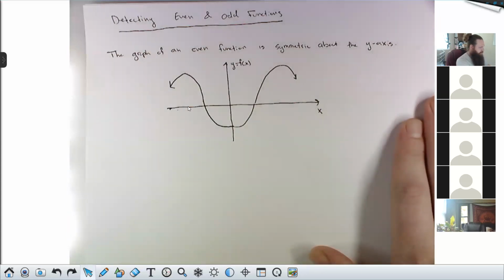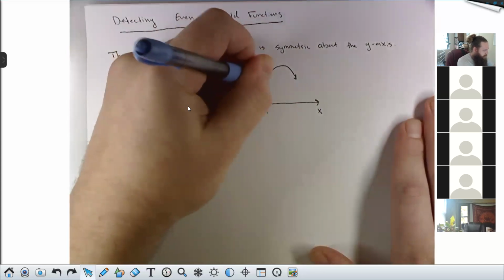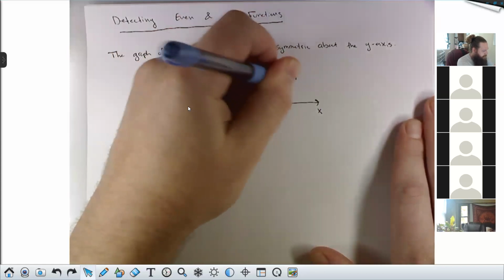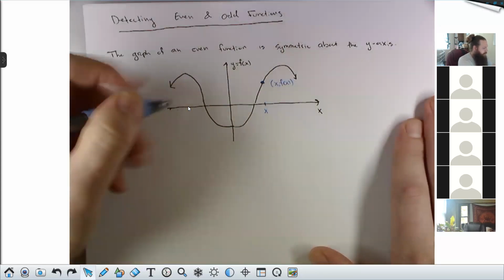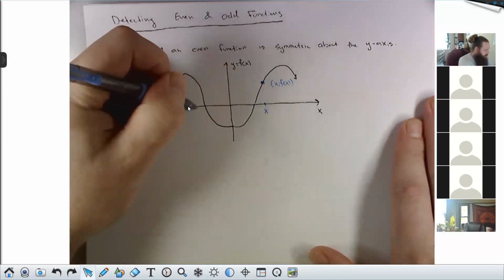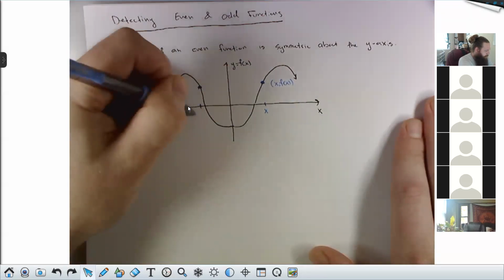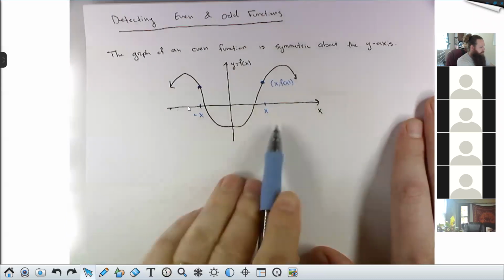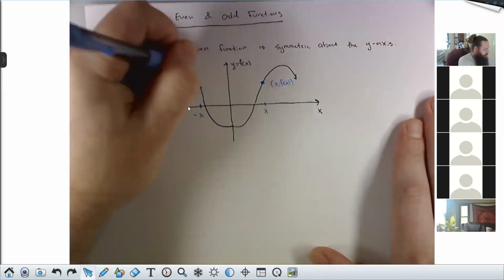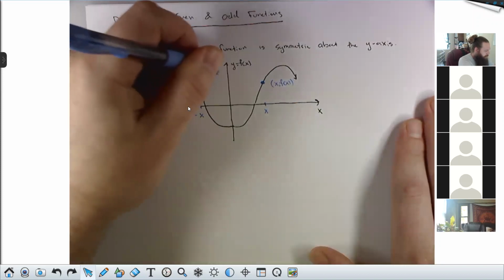And you can see this a bunch of ways. If you take your favorite x value, you look at this point, the y value there, this is x comma f of x. And you look at a symmetric x value, like over here, same distance, just going off to the left. This would be the negative of that x, right? Like if this is 3, this is -3. If this is 5, this is -5. This is the point, negative x comma f of negative x.